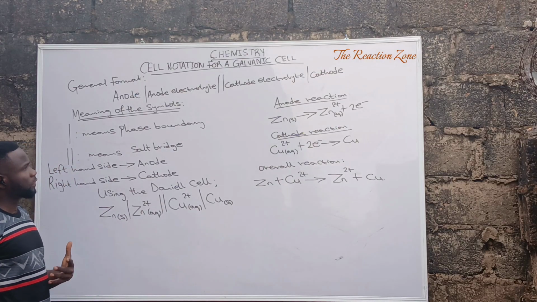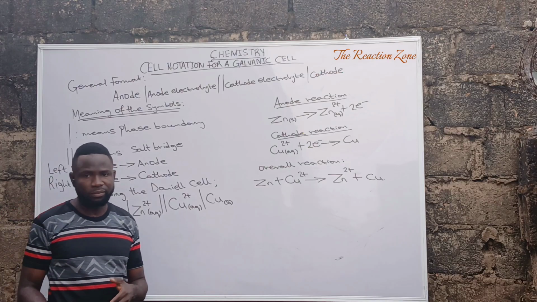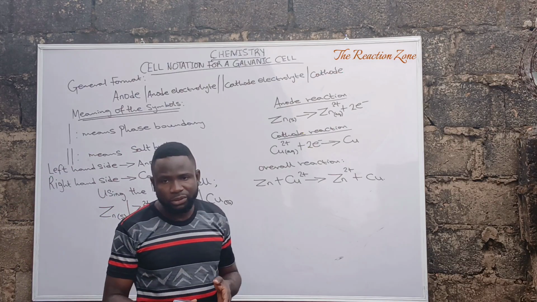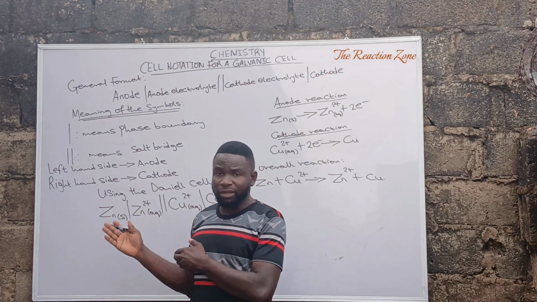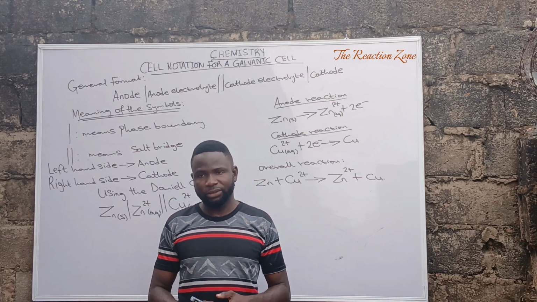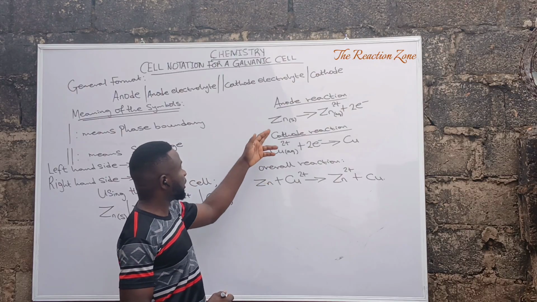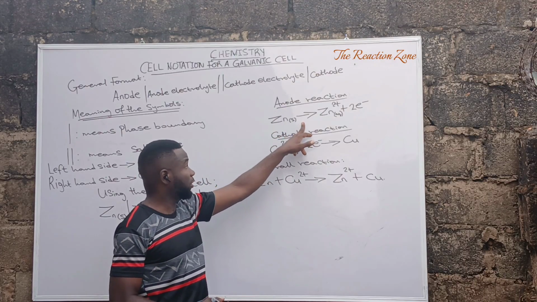Now, in a Daniell cell at the anode, zinc atoms on the zinc electrode ionize and go into solution as Zn2+. Now, this represents the reaction at the anode.